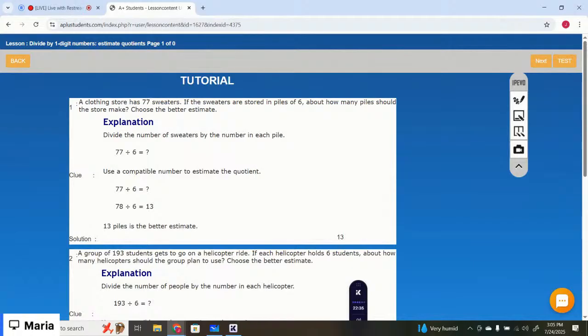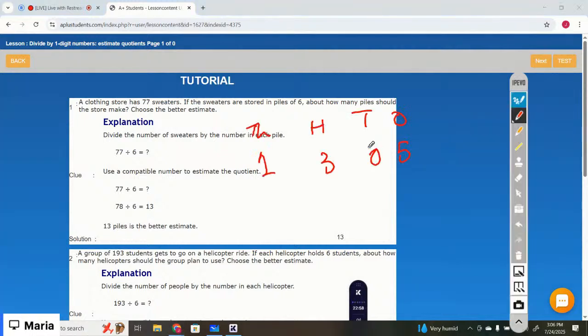A clothing store has 77 sweaters. If the sweaters are stored in piles of 6, about how many piles should the store make? Choose the better estimate. So the total is 77. You need to store them in piles of 6. So let's just divide 77 by 6. You need to estimate the answer also, right?